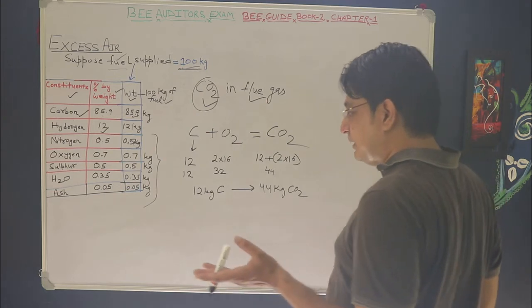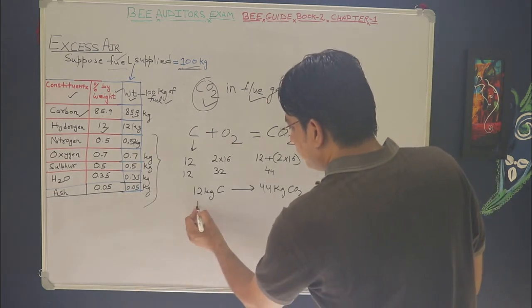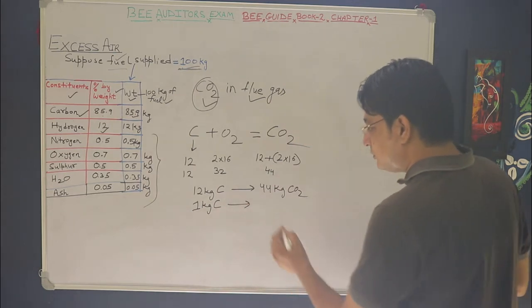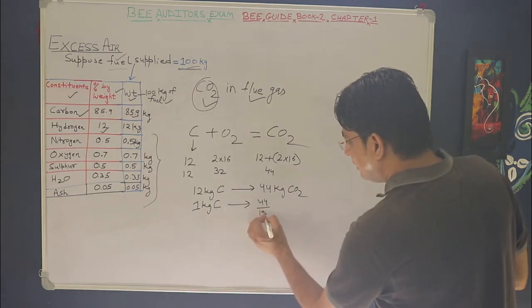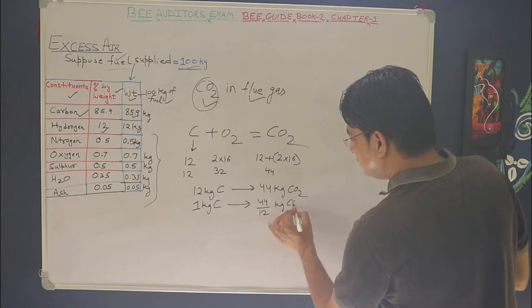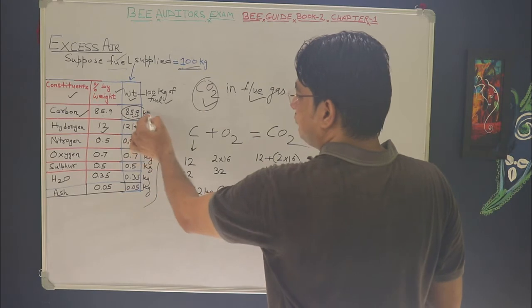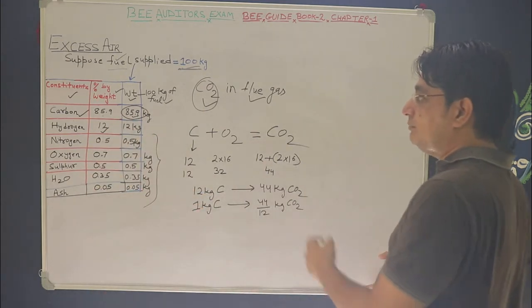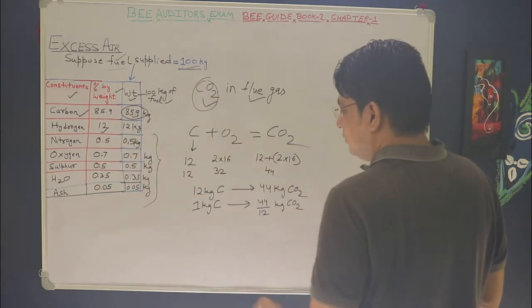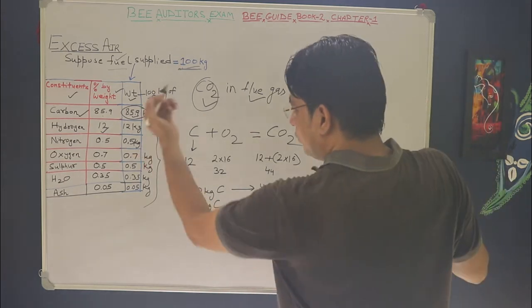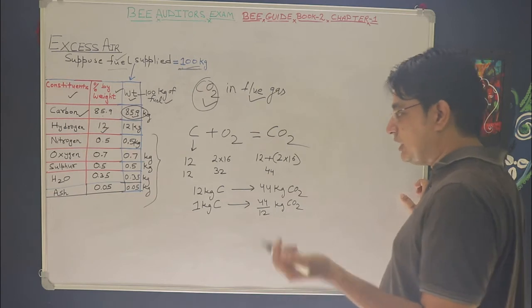So by using the basic unitary method, I can say from 1 kg of carbon, how much CO2 will be produced? 44 divided by 12 kg CO2. Now I am having 85.9 kg of carbon in my 100 kg fuel. So I need to calculate how much CO2 will be formed from this 85.9 kg carbon.